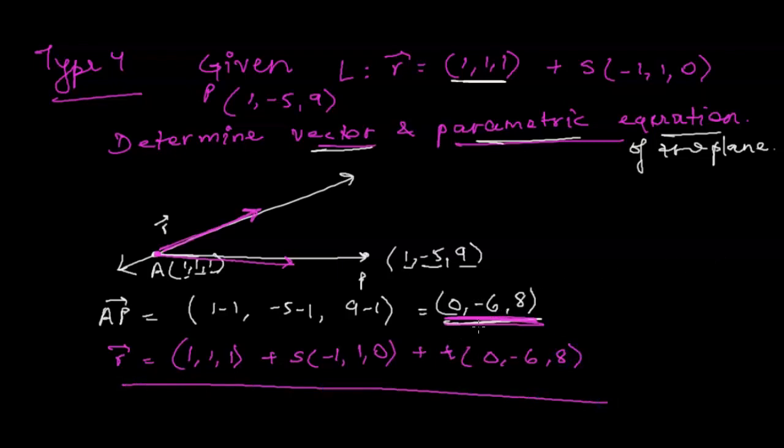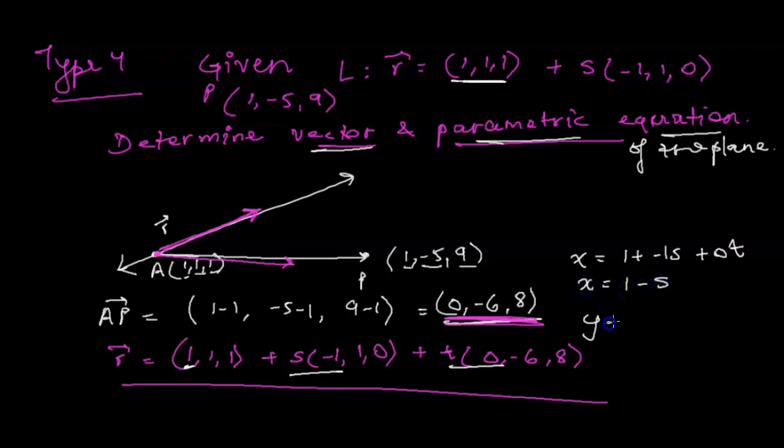As we have the vector equation, getting the parametric equation follows the same process of splitting x, y, and z. So we would write down x is equal to 1 plus negative 1 times s, that comes from here, plus 0t. Because we have a 0, we can rewrite this in simple terms as 1 minus s.